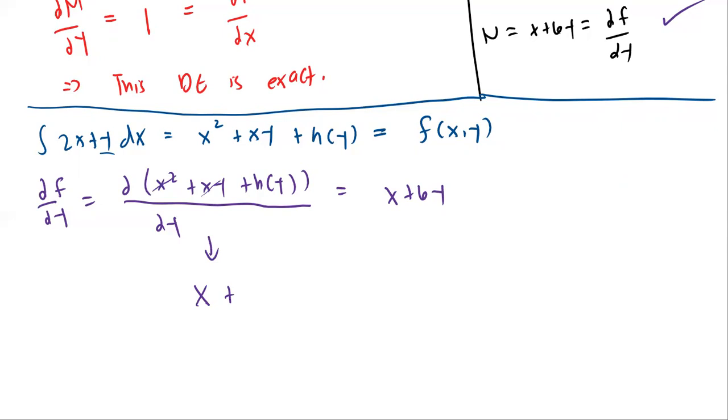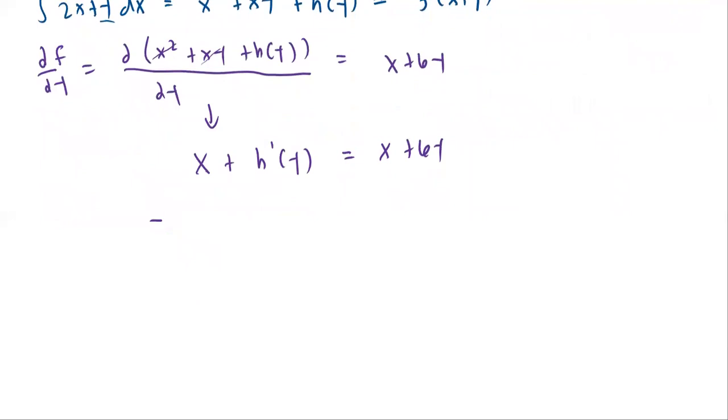Since there's no x's there, it's the same as saying the regular derivative. So this is h prime of y. And of course, by assumption, this has to be equal to x plus 6y. We can cancel the x's on both sides. Right? So h prime of y equals 6y.